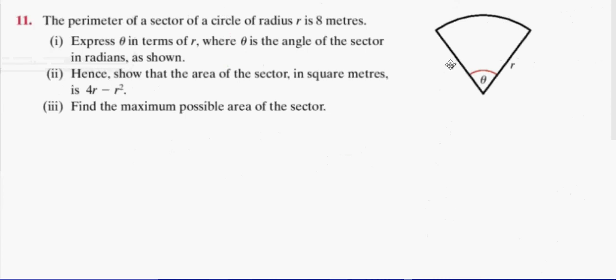The perimeter of a sector, so perimeter is 8. So what does that mean? I would say that it means that the two yellow sections, which are the two radiuses, plus the arc is 8. Everybody cool with that? Now, what's the equation for the arc? R theta.